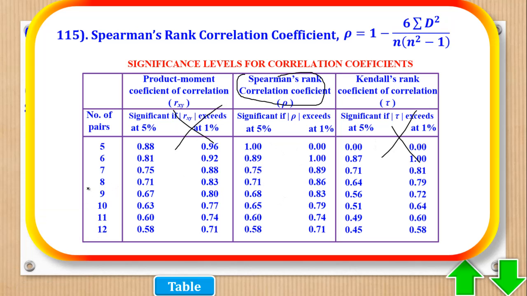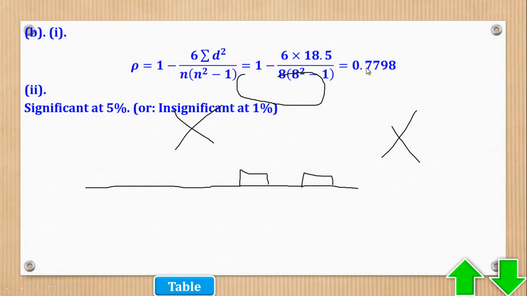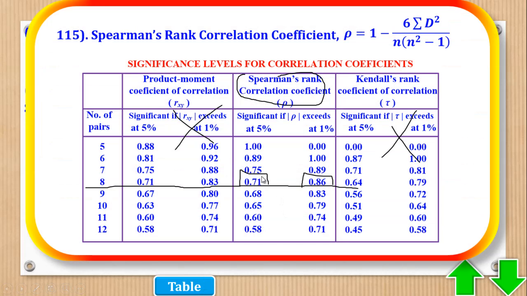So when n is 8, you'll come and put your ruler here. The values of interest are this and this. Now you're going to compare those values with the calculated value, which is 0.7789. So 0.7789 is greater than this but smaller than this.